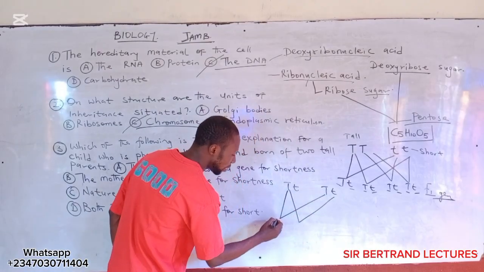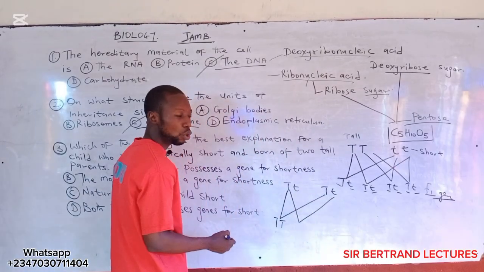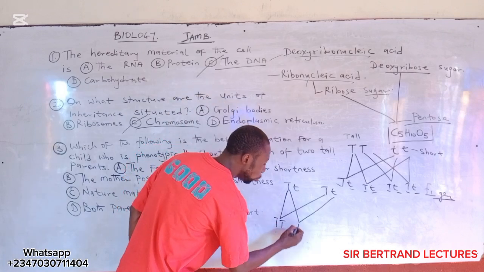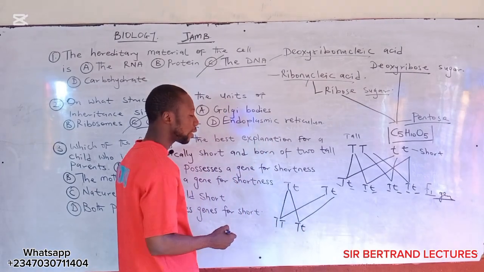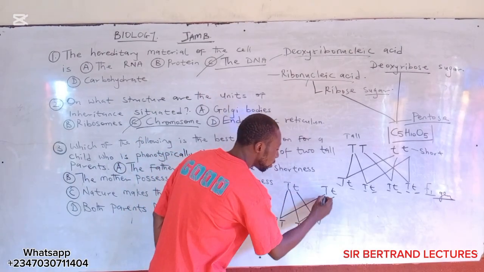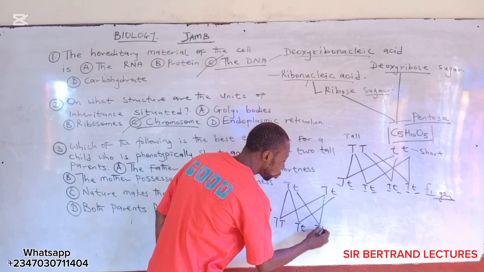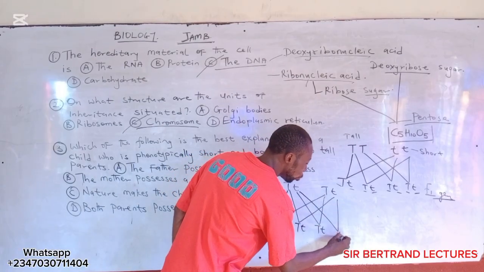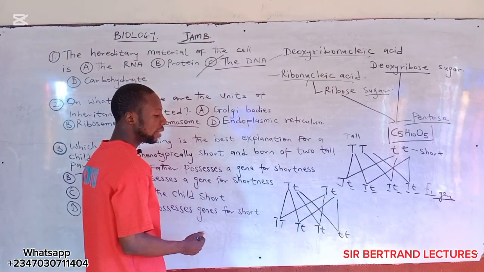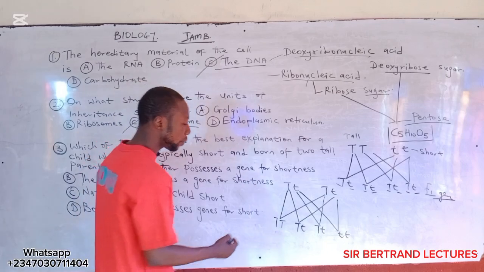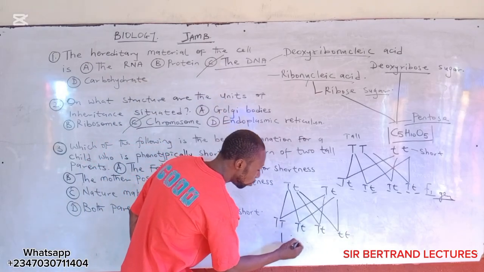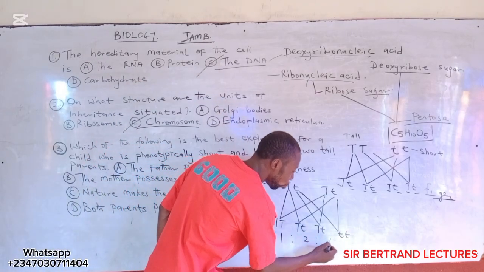All right. He observed that one is homozygous tall, then two are heterozygous tall, and one is short. Their phenotypic ratio here is 1:2:1.